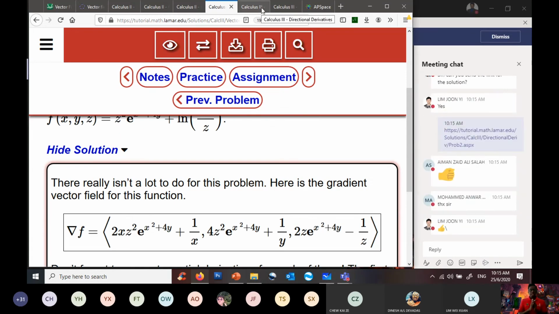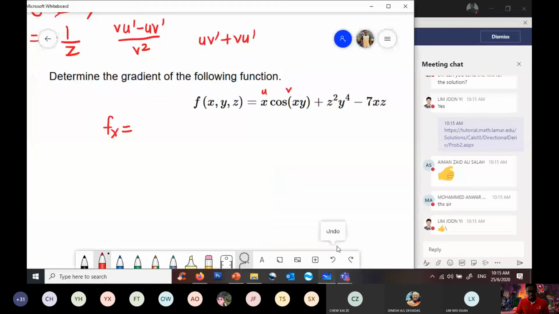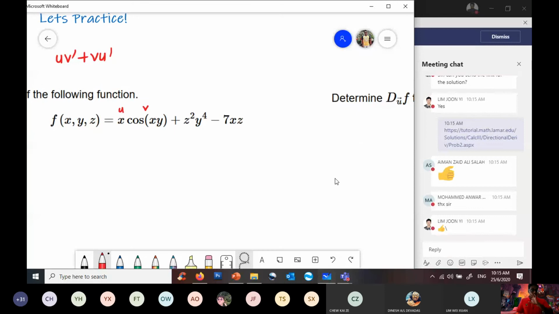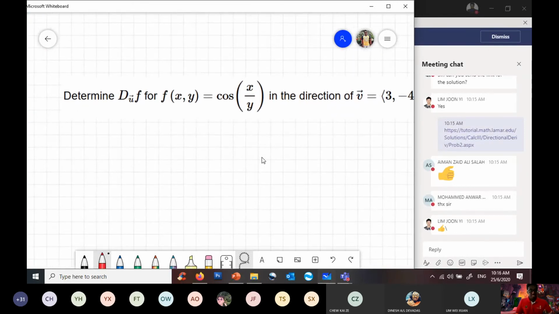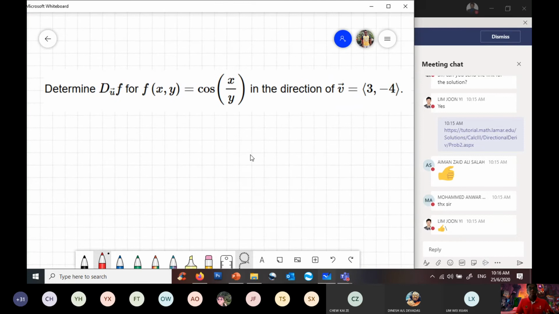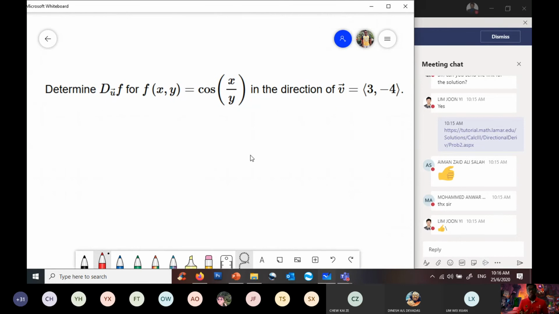Okay, so let's do one more. The last question for today, which would be on this. A step from gradient vector, which is directional derivative. So you have one extra step. Remember, not only do you have to find the gradient vector, you have to find the unit vector as well, if the given vector is not a unit vector. And then you find the dot product of both of them. So let's try one last thing for today.